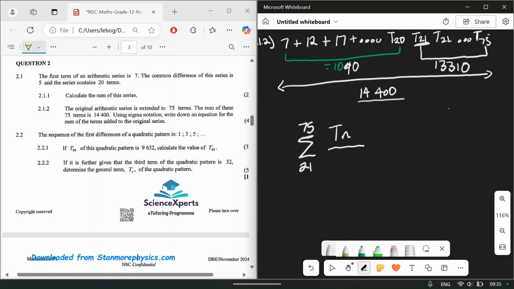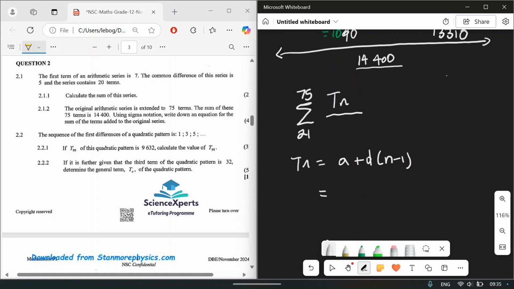We know that Tn equals a plus d into n minus 1, where a equals 7 and d equals 5. If we simplify this, we have 5n minus 5 plus 7, that is 5n plus 2. So we write 5n plus 2 here.